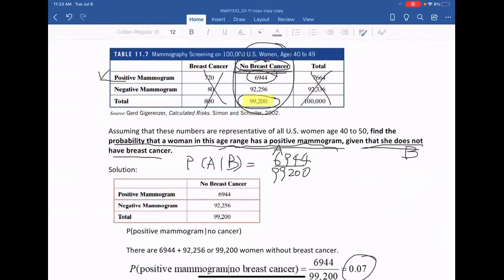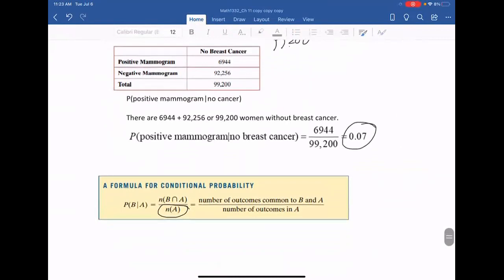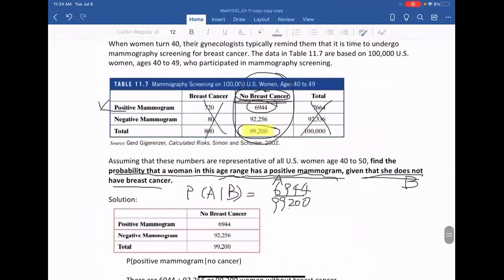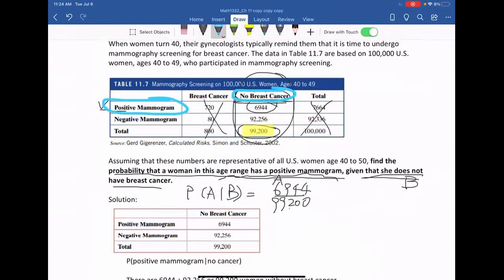And then we need to find the top part, N of B and A, the intersection, the common part of B and A. So we already identify what is B, what is A. This part and this part, what's the intersection? That is here. You use this number divided by this. So that's what we are looking for.